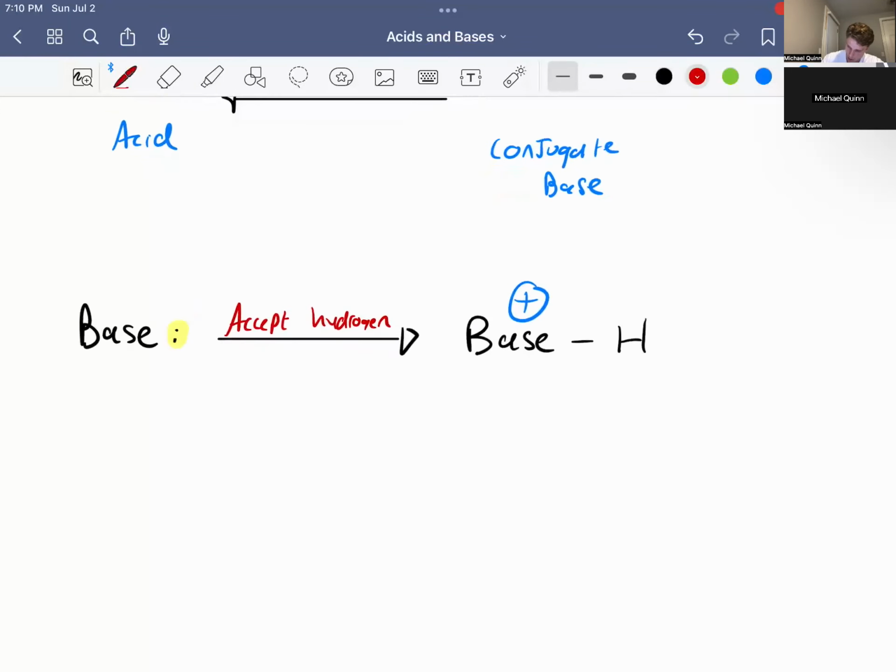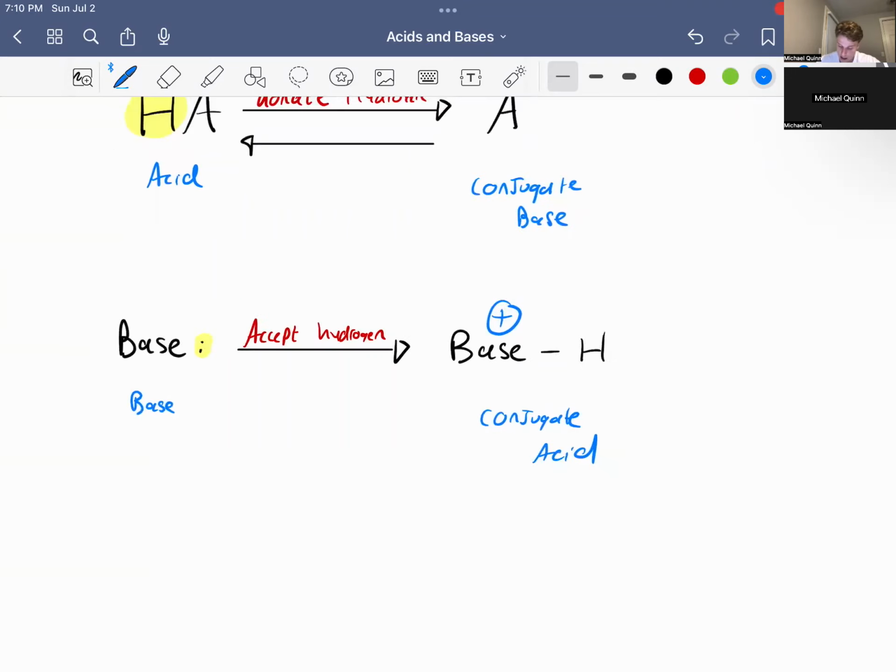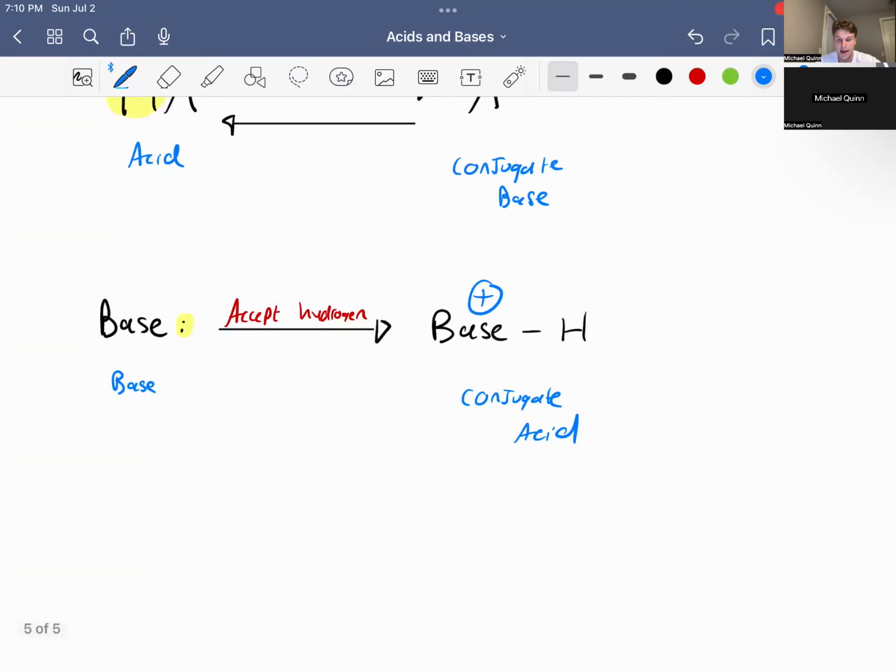This will be our base. This will be the conjugate acid. So basically, for a base, after we use that lone pair to accept a hydrogen, that base now has a hydrogen that it could donate. So it is the conjugate acid.